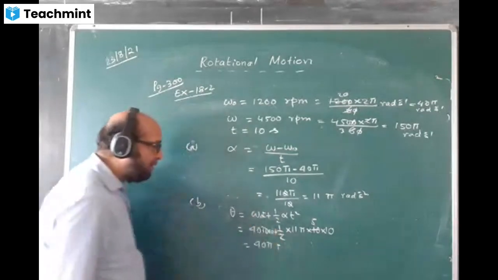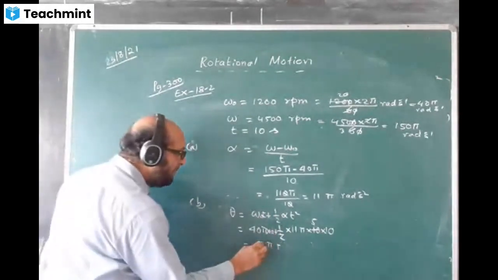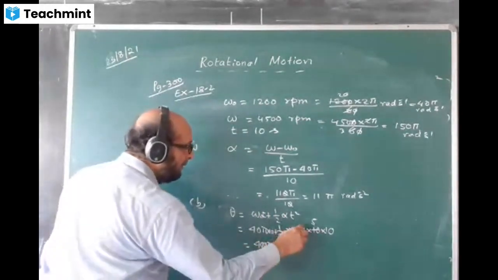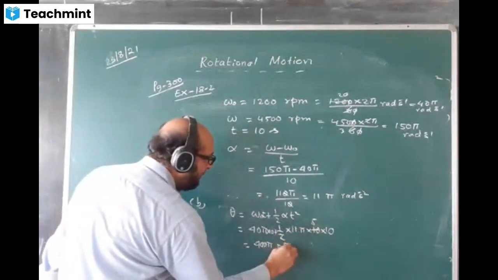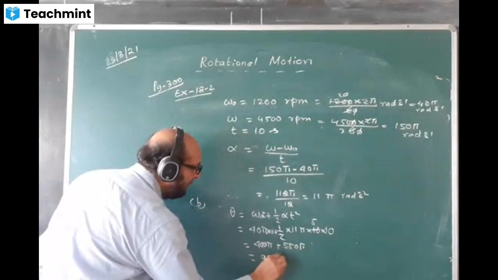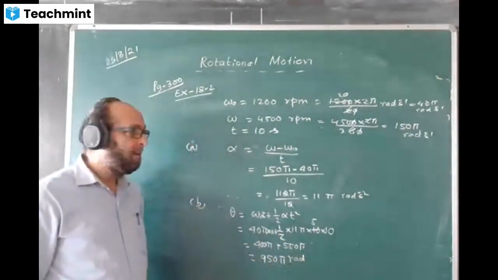Omega naught t plus half alpha t square. This is coming 400 pi, and 550 pi is coming here. Total of these two is 950 pi radian.